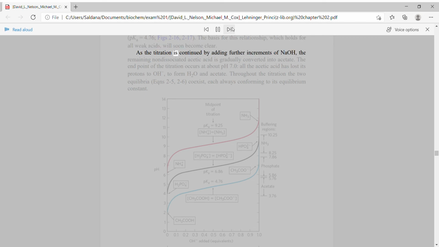As the titration is continued by adding further increments of NaOH, the remaining non-dissociated acetic acid is gradually converted into acetate. The end point of the titration occurs at about pH 7.0. All the acetic acid has lost its protons to OH-, to form H2O and acetate. Throughout the titration the two equilibria, Eqs. 2-5 and 2-6, coexist, each always conforming to its equilibrium constant.